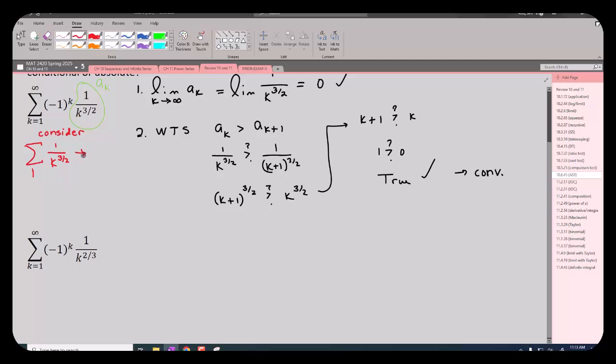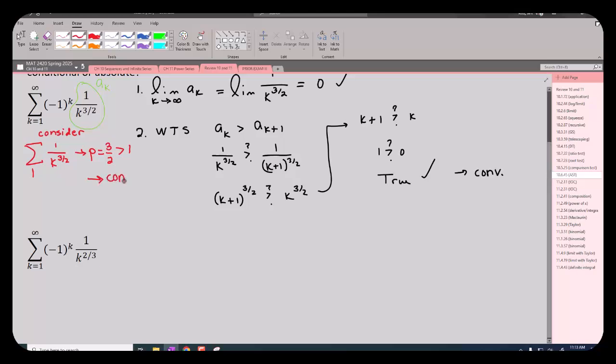So that you know it's a p-series, you identify what p is. And then what do we compare p to? 1. We're always comparing to 1. So we compare it to 1. This is bigger than 1, which tells us converge or diverge. Converge.